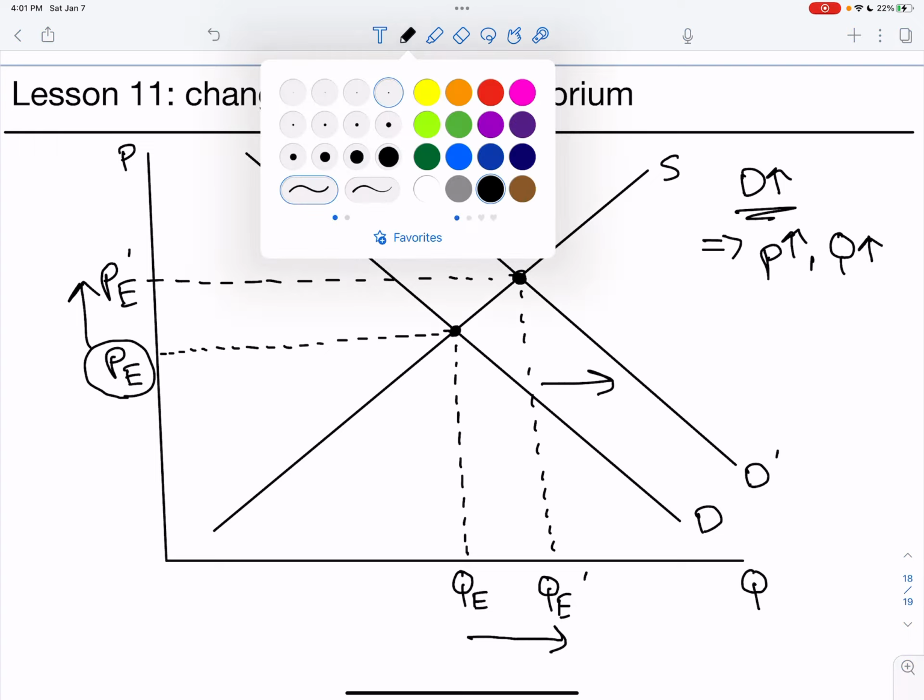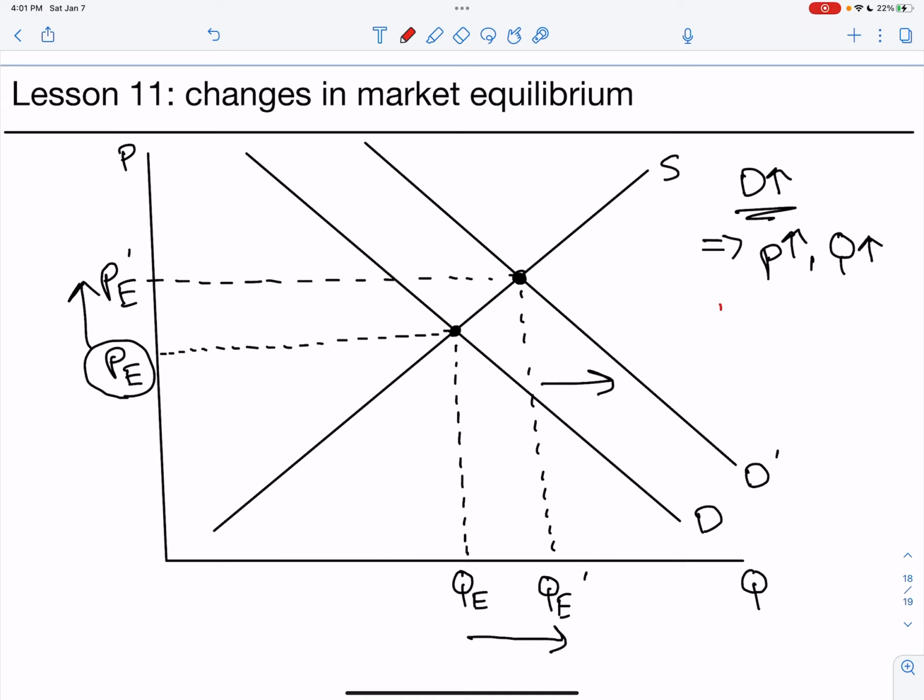What if demand goes down? What if we have a decrease in demand? What happens then? Well, let's draw the curve once again. We take our initial demand curve and we shift it to the left. Let's call this D prime prime.